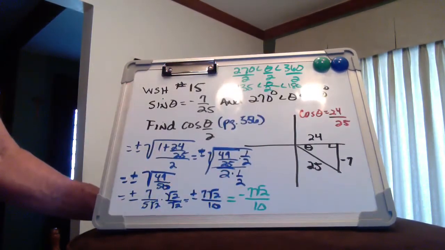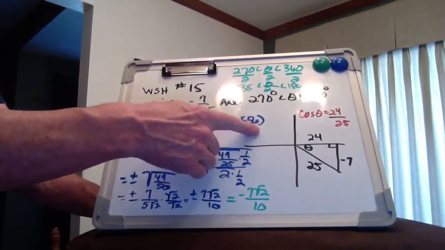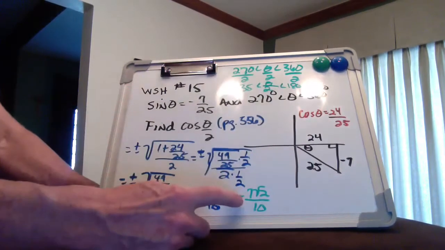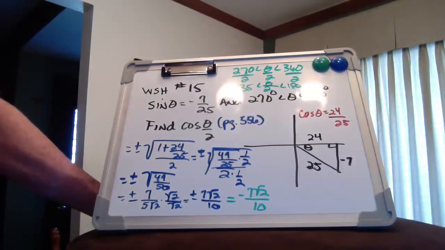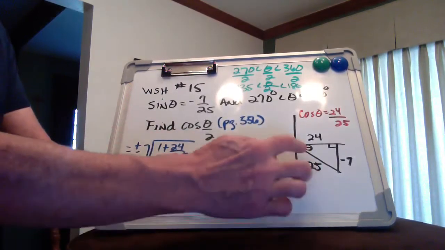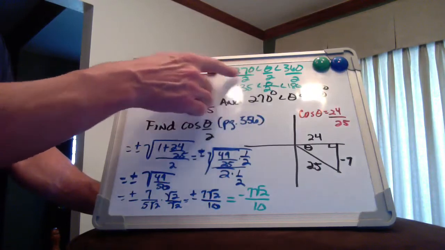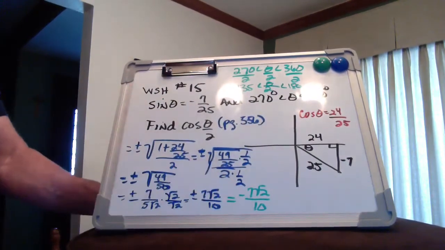Which quadrant does the half angle fall in? It wouldn't be the fourth, it would be the second. And cosine is negative in the second quadrant. So that's why for your final answer, you choose the negative sign instead of the positive. To reiterate, it's not based upon the original drawing of theta, it's based upon half of theta. That's why we end up in the second quadrant and accept the negative.